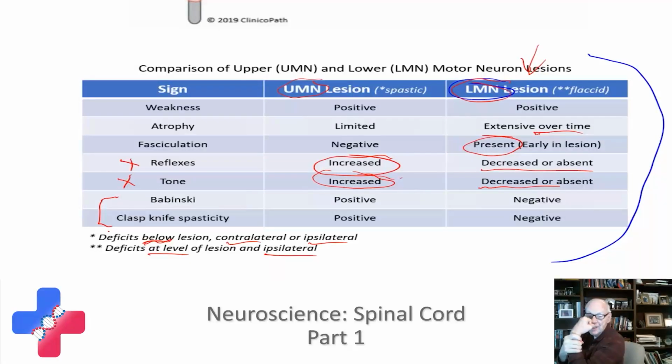Pull on it again, you fire the Golgi tendons, that releases the lower motor neurons, and you can collapse the spasticity and it comes back. To the early neurologists that described that, it looks like taking a knife blade, pulling it out of the handle and pushing it back in. And that's where the term clasp knife spasticity comes from. So the type of spasticity you see in an upper motor neuron lesion is called the clasp knife type.